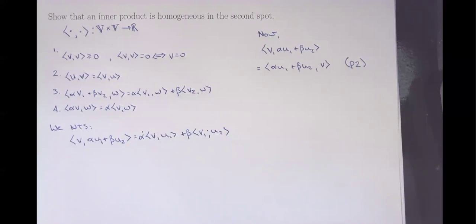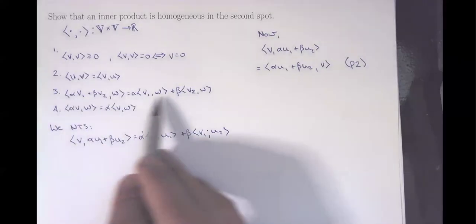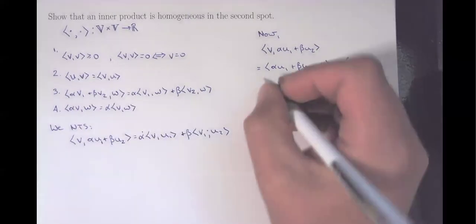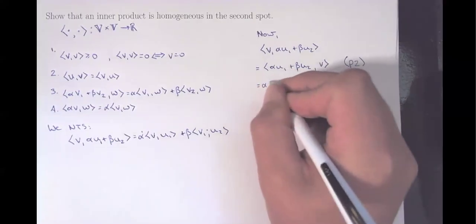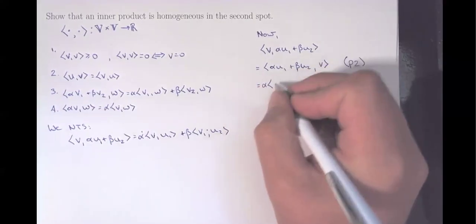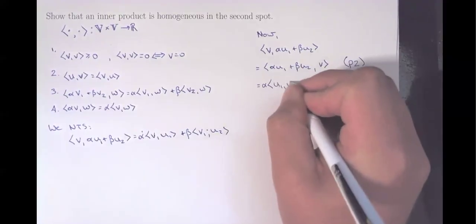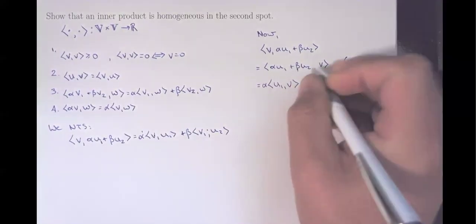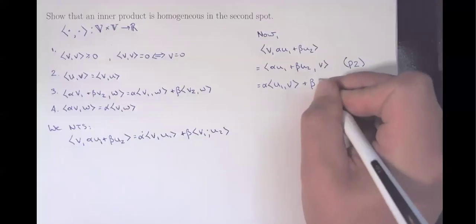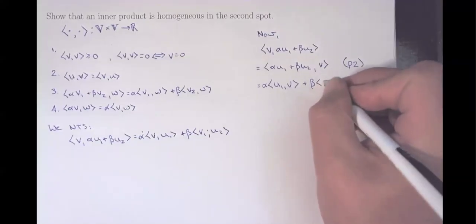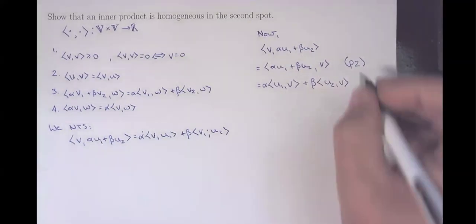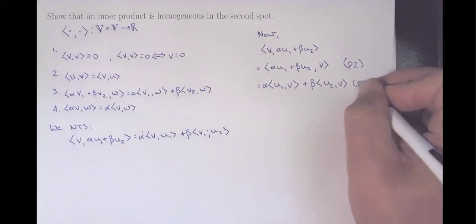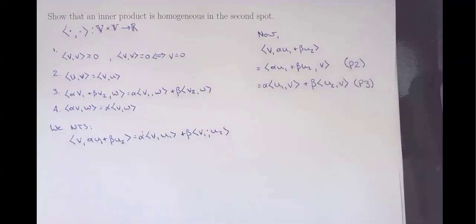After using property 2, we can then use property 3 to break up our inner product into 2 different inner products. So we get alpha times the inner product of U1 with V plus beta times the inner product of U2 with V. This is property 3 that we've used here.